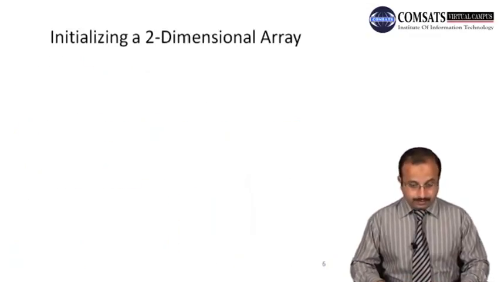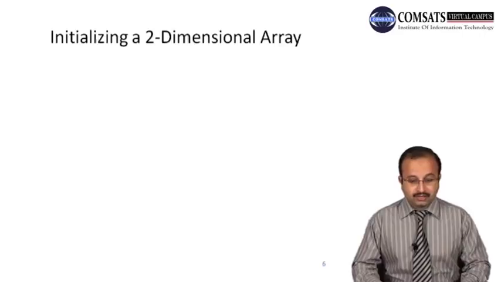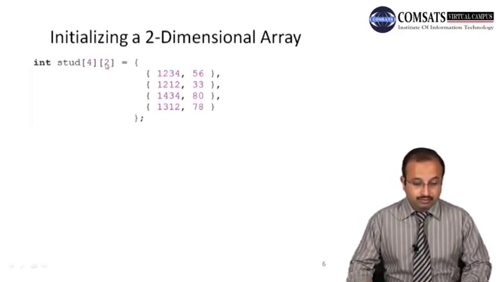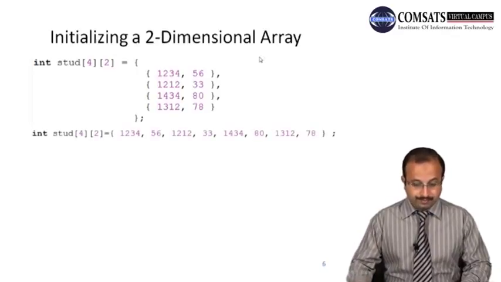So let's see how we can initialize a two-dimensional array. We can initialize the two-dimensional array at declaration time like this. This is an array of 4 rows and 2 columns, and you know very well that you can write all these values in one row as well, like this.